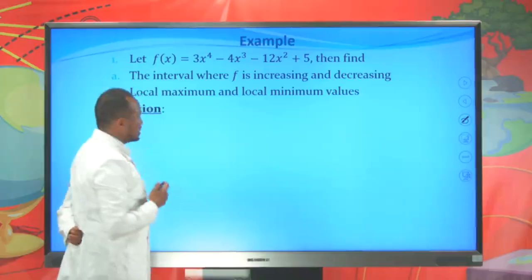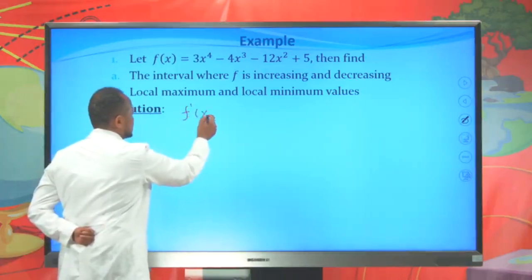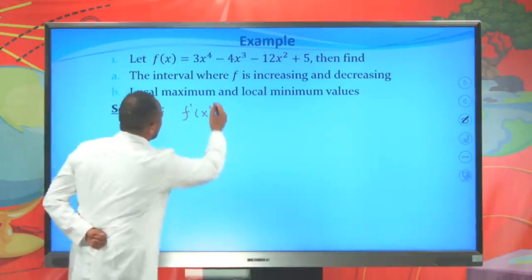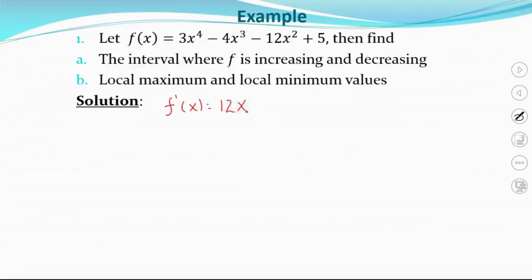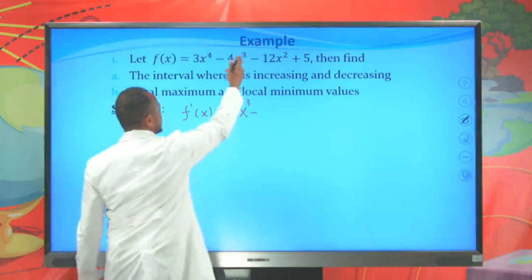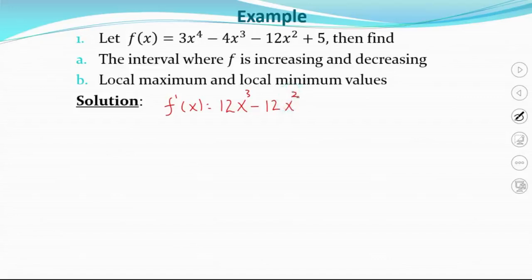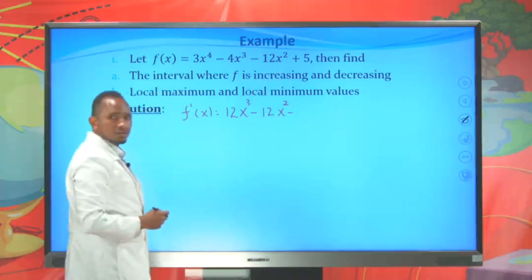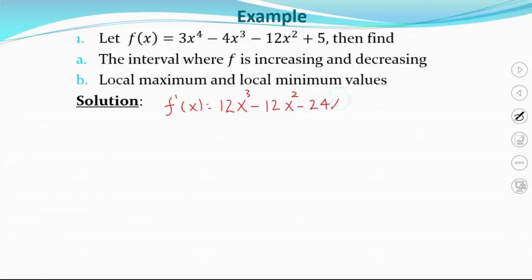We need to find the derivative of this function. The derivative of our function f of x is equal to 12x cubed minus 12x squared minus 24x. The derivative of 5 is 0.